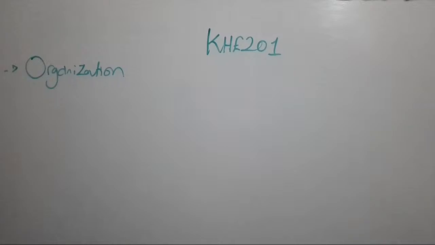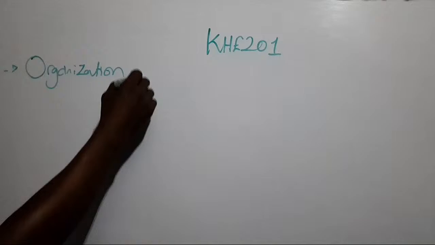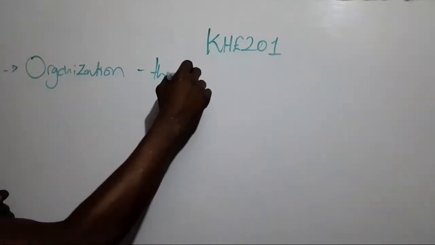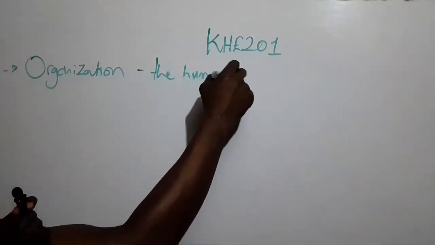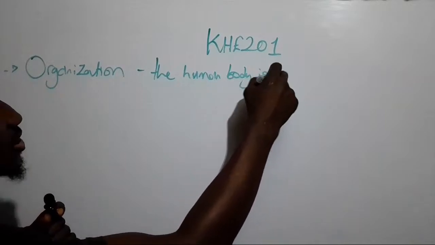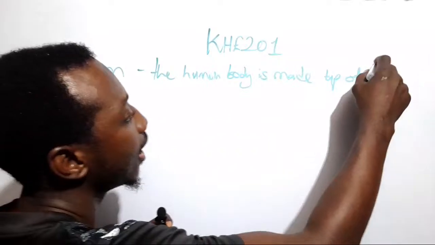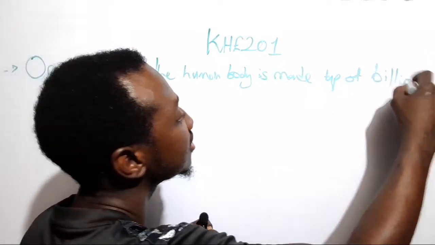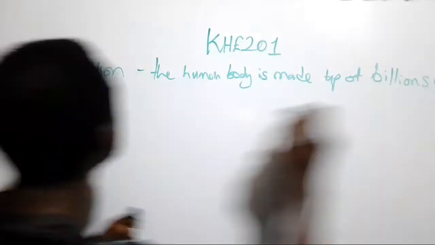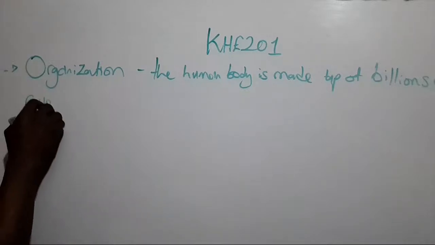several billions of cells. All right, the human body is made up of billions of cells.